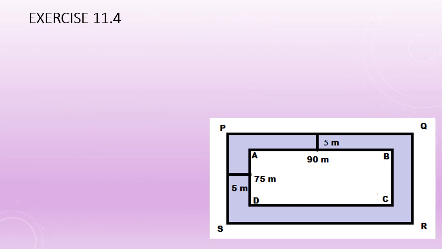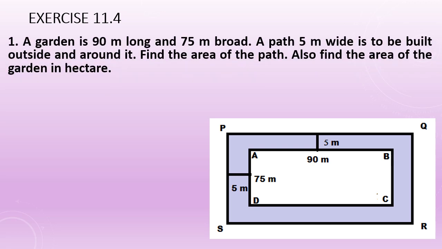Next, we move to exercise 11.4, question number 1. A garden is 90 meter long and 75 meter broad. A path 5 meter wide is to be built outside and around it. Find the area of path. Also find area of the garden in hectare.